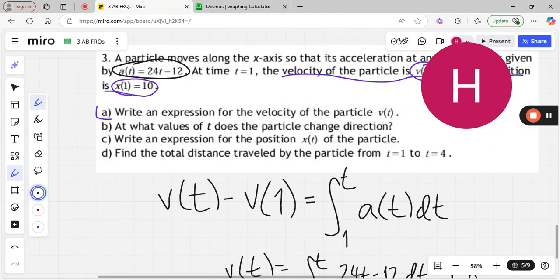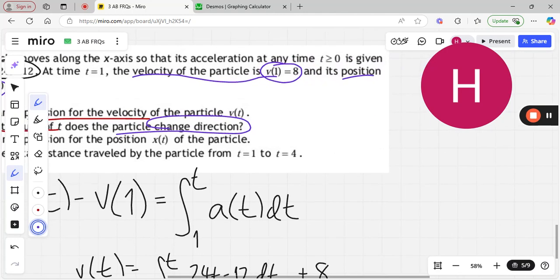Now let's look at part B. Part B says, at what values of t does the particle change direction? So we're looking for values, whereas last time we were looking for an expression, like an equation. Now we're looking for values of t where the particle changes direction. What does that mean exactly?